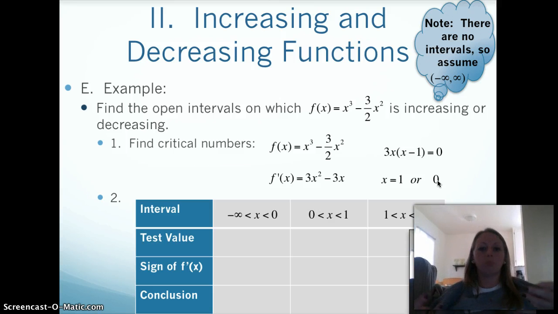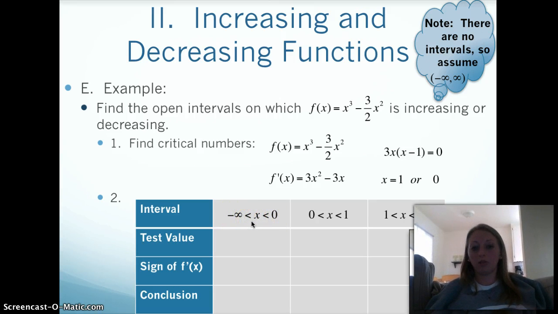So we pick numbers. You can pick any value in each interval and test it. Remember, we're looking at the sign of the derivative at that point, so I would pick easy numbers. Between negative infinity and 0, it's not less than or equal to, it's just less than. I'm going to let x equal negative 1 and plug it into my derivative.